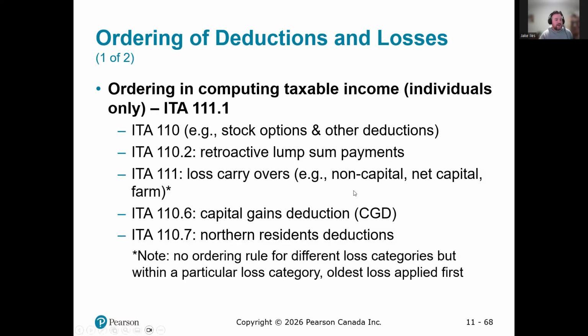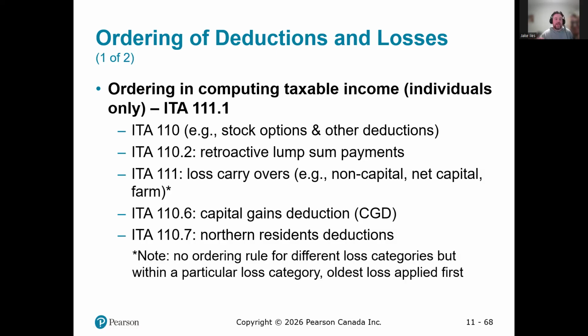So the losses have various qualities. For example, they're streamed like net capital and non-streamed like non-capital losses. So net capital losses can only be used in a year where we have capital gains, but non-capital losses can be used against any type of income.